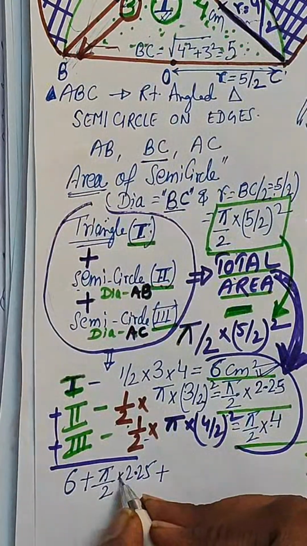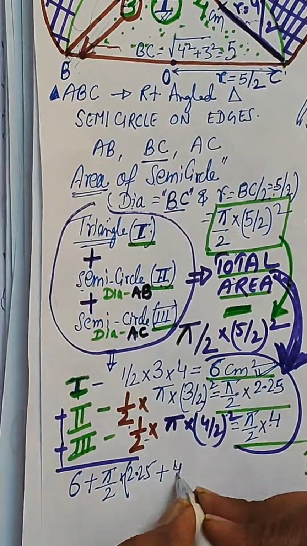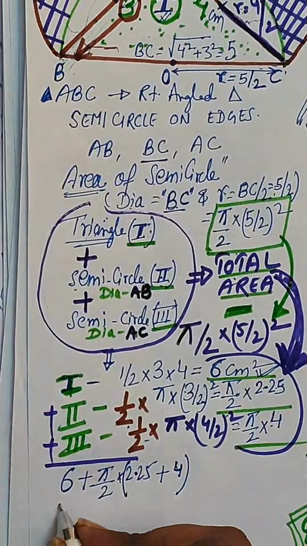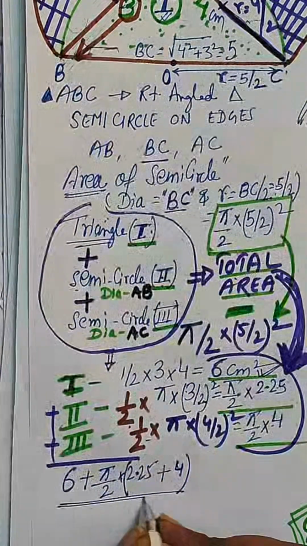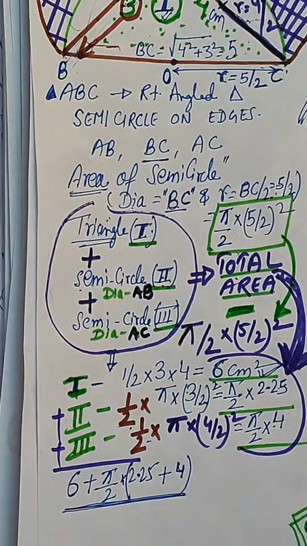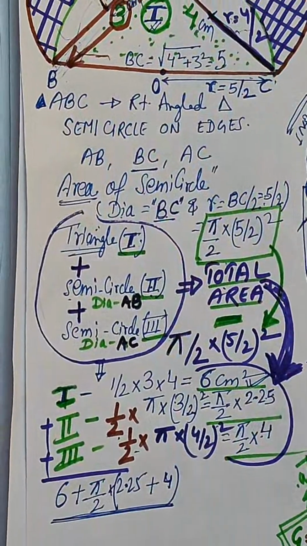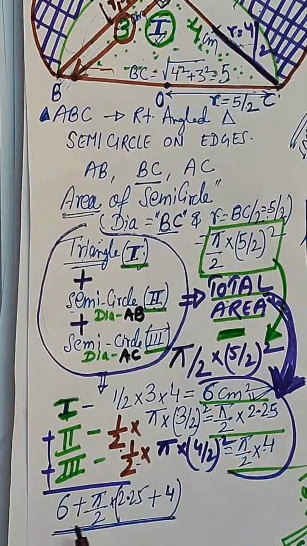Why don't you take pi by 2 as common? Then it will be 2.25 plus 4 in the bracket. So this is the total area which is calculated for the entire figure which is in front of you. Entire figure.